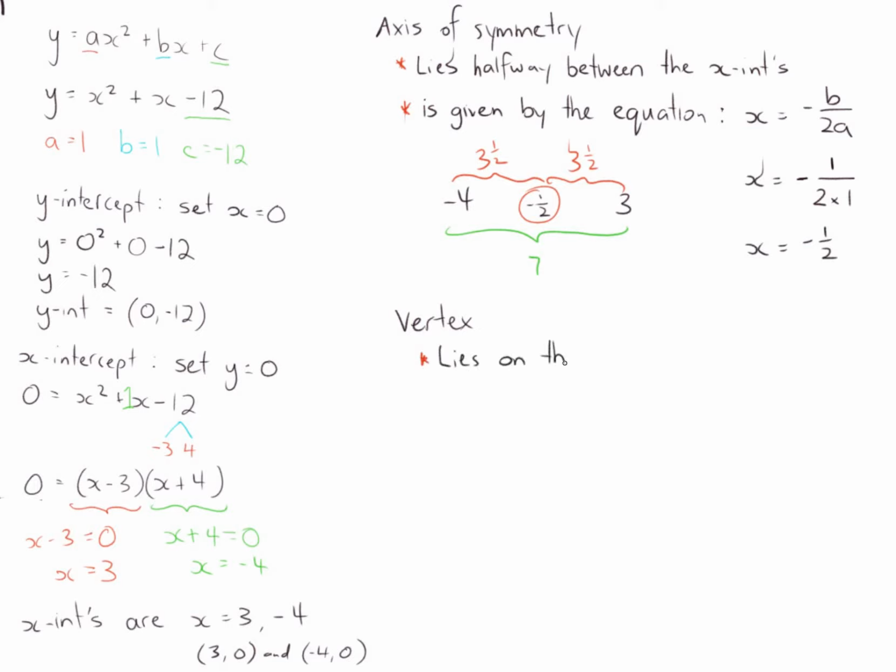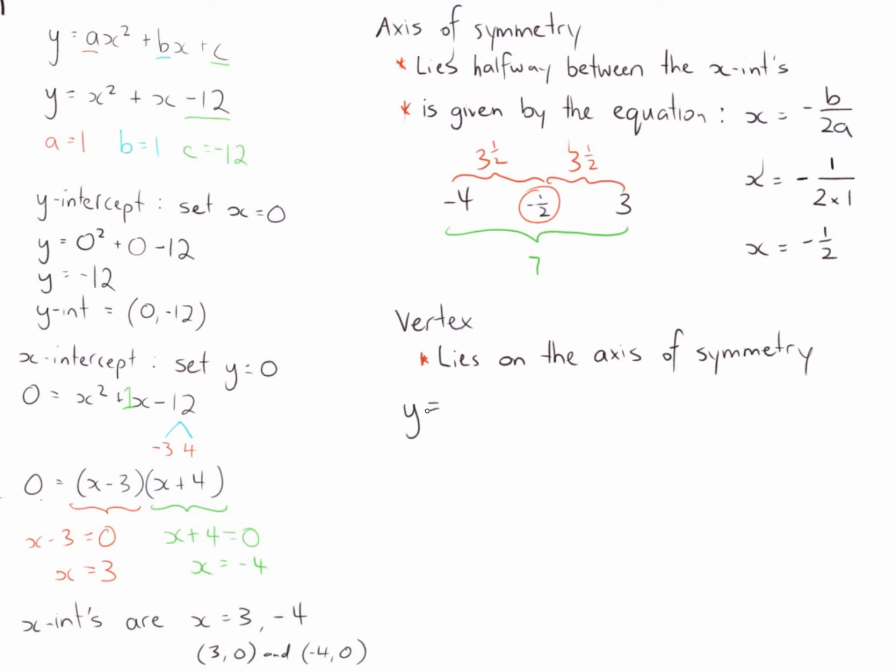So that means that it has an x coordinate of minus b on 2a, or, for this particular parabola, an x coordinate of negative 1/2. So what we can do is substitute x equals negative 1/2 into our original equation to find the complete coordinate.